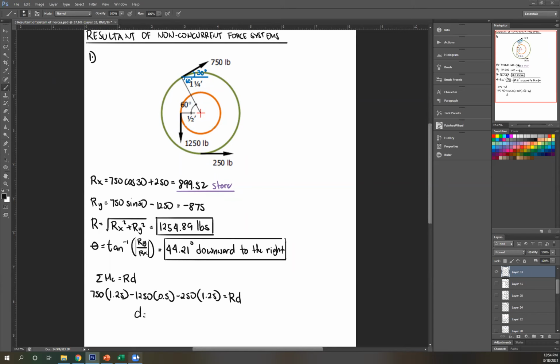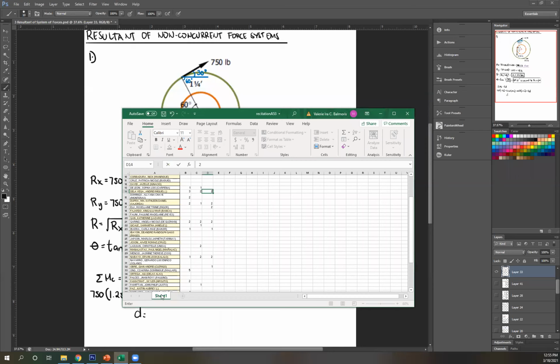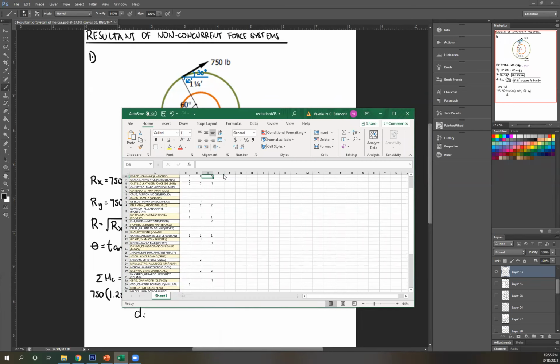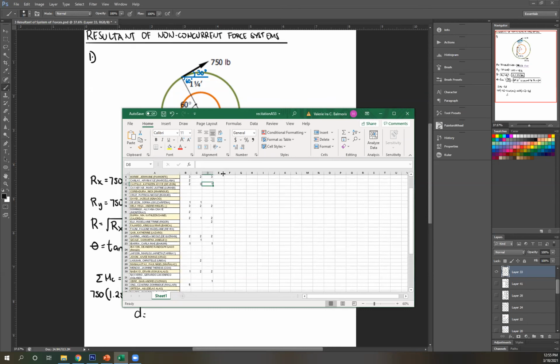What's D? 0, yeah, correct. So what does that mean? So Kath, correct. Noel, correct. Jasmine, correct. Julia, correct. So yung wala pang 2 points, that is Castillo and Salvo.